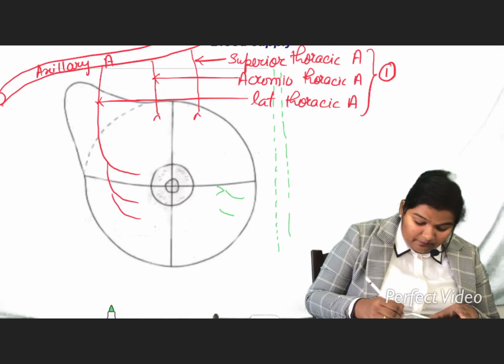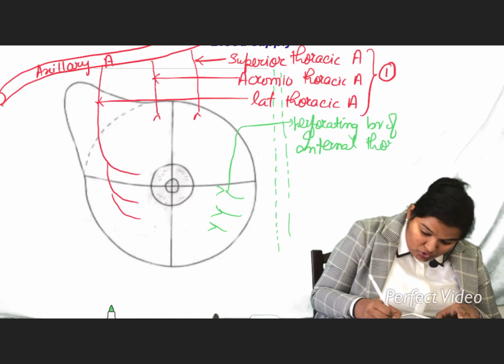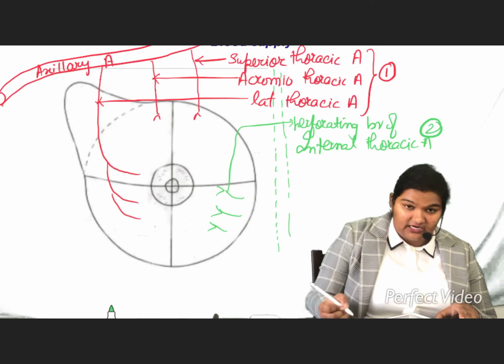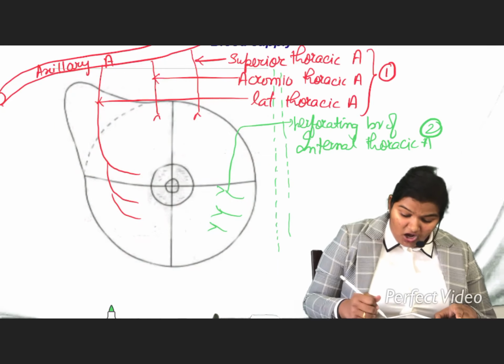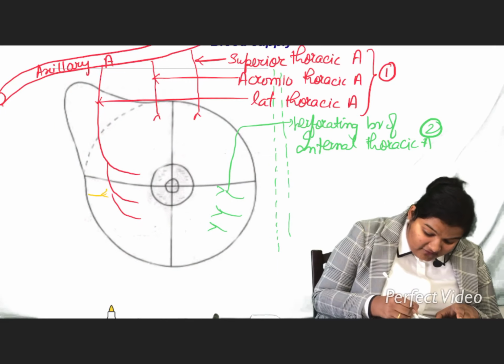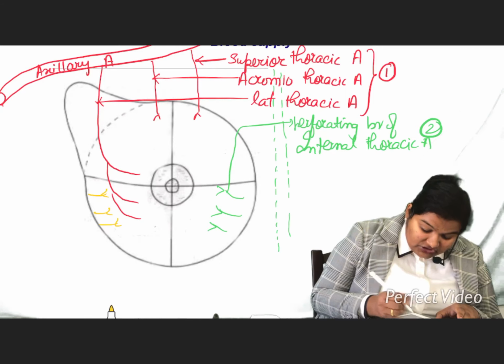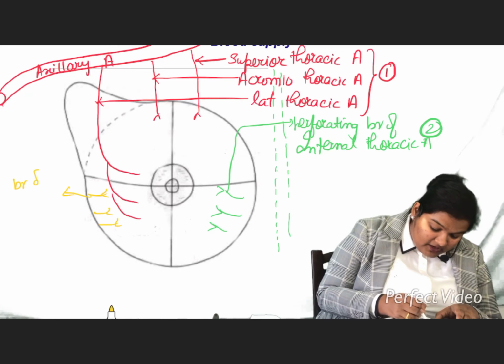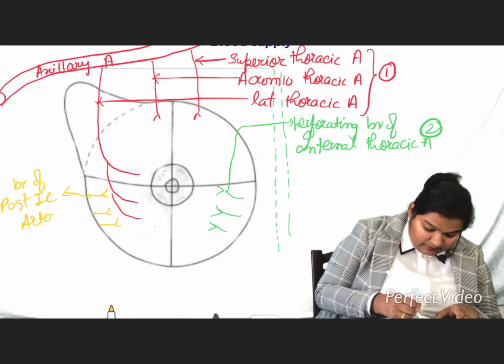So these are the perforating branches of internal thoracic artery. It forms the second group. Then we have other group, and it is the branches of posterior intercostal artery. So these are the branches of posterior intercostal artery.